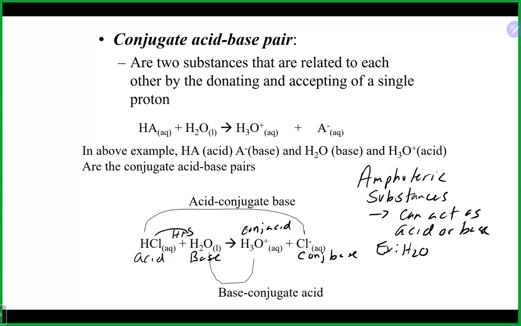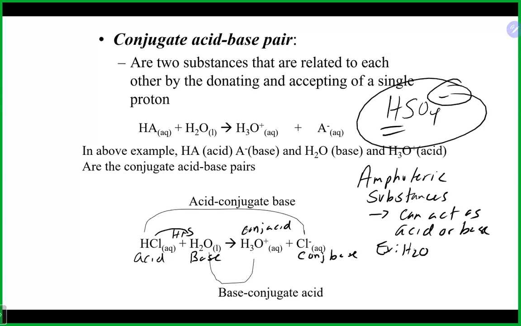Or you'll see as well, typically anything that has a hydrogen and a negative charge, something like HSO4 minus, can also act as either an acid or a base because it has a hydrogen it could give away. And it also has the ability to accept an H plus because it has a negative charge. So it kind of has room for a hydrogen to come back in. So it can act as an acid or a base. And those are typically things that you will sometimes see being able to do that. Any questions on that there?